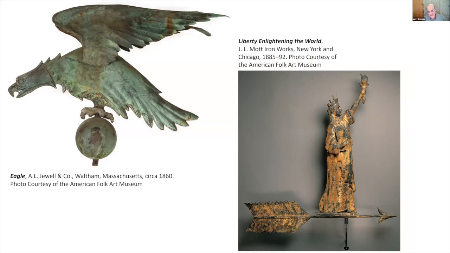Between the patriotic theme and the roosters or cocks, the interesting part about the roosters is it comes out of the biblical business, the New Testament, where Christ said that he would be denied 3 times before the cock crows, and that's where the cock comes from. And a lot of those were on churches in Europe.